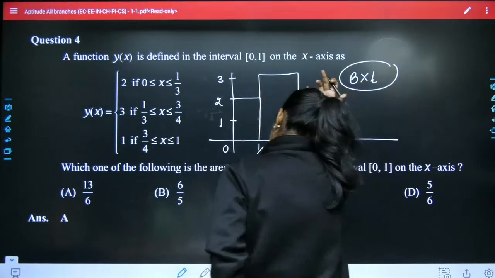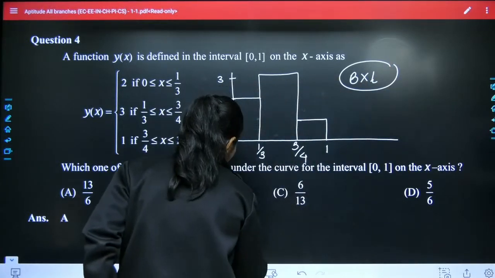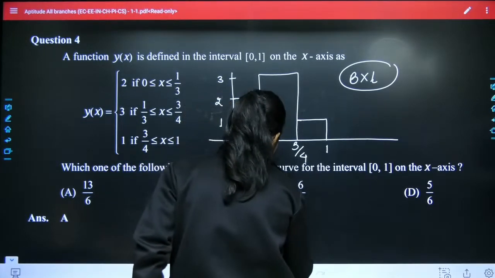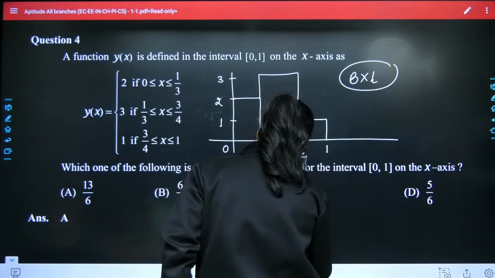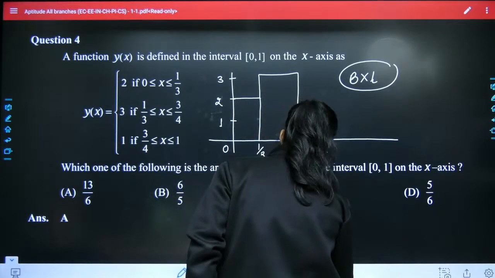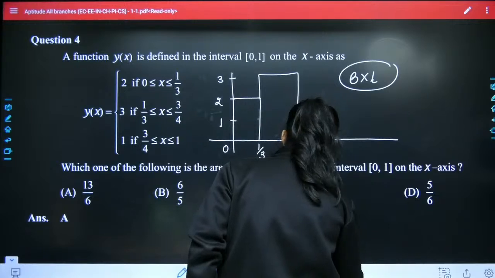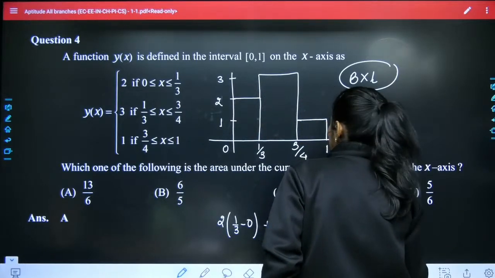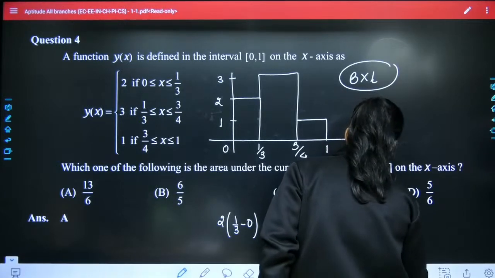So we can write it as 2 into (1 by 3 minus 0) plus 3 into (3 by 4 minus 1 by 3) plus 1 into (1 minus 3 by 4).